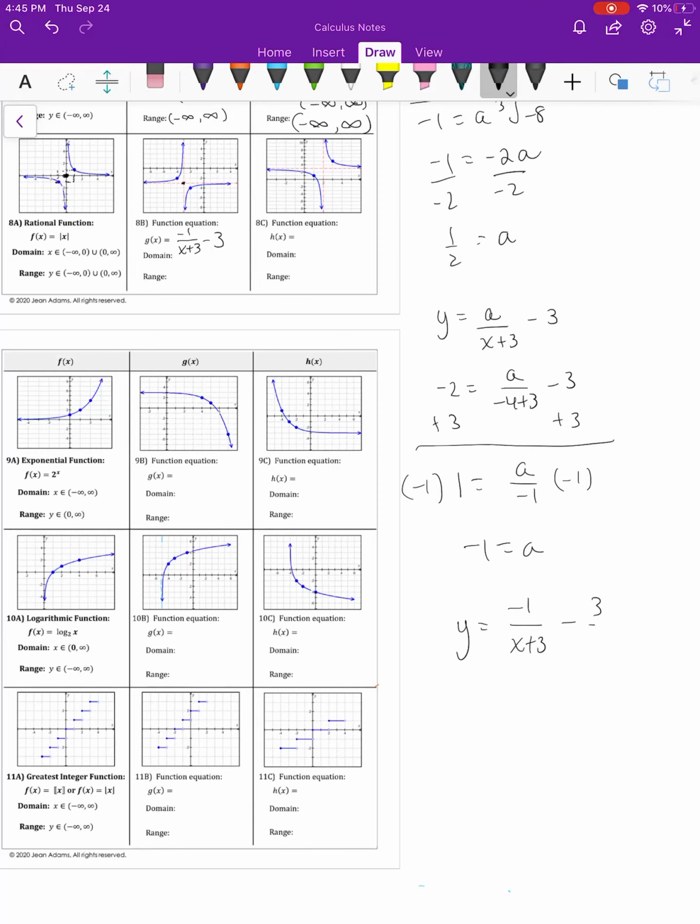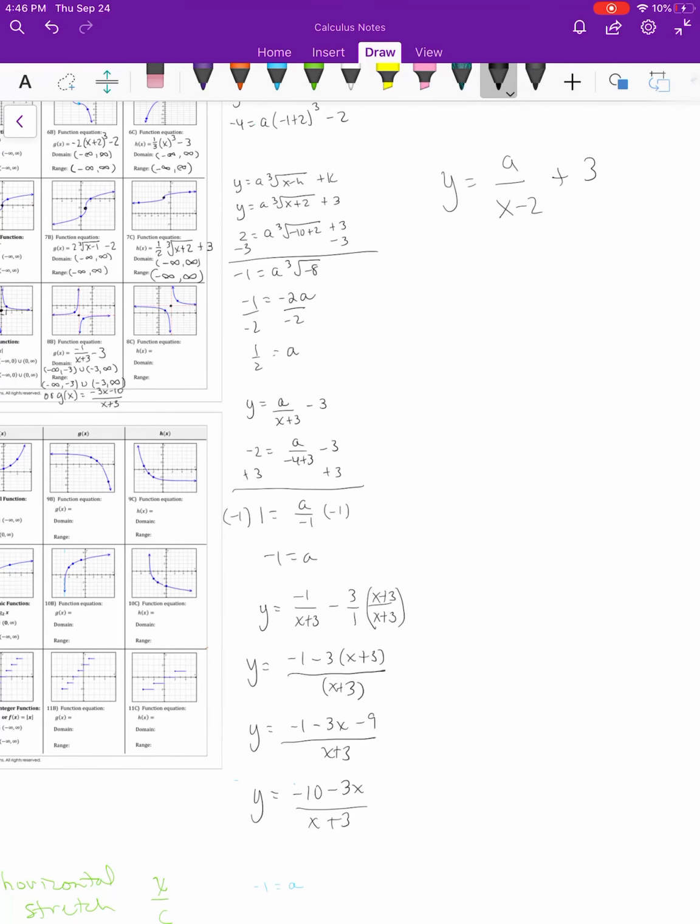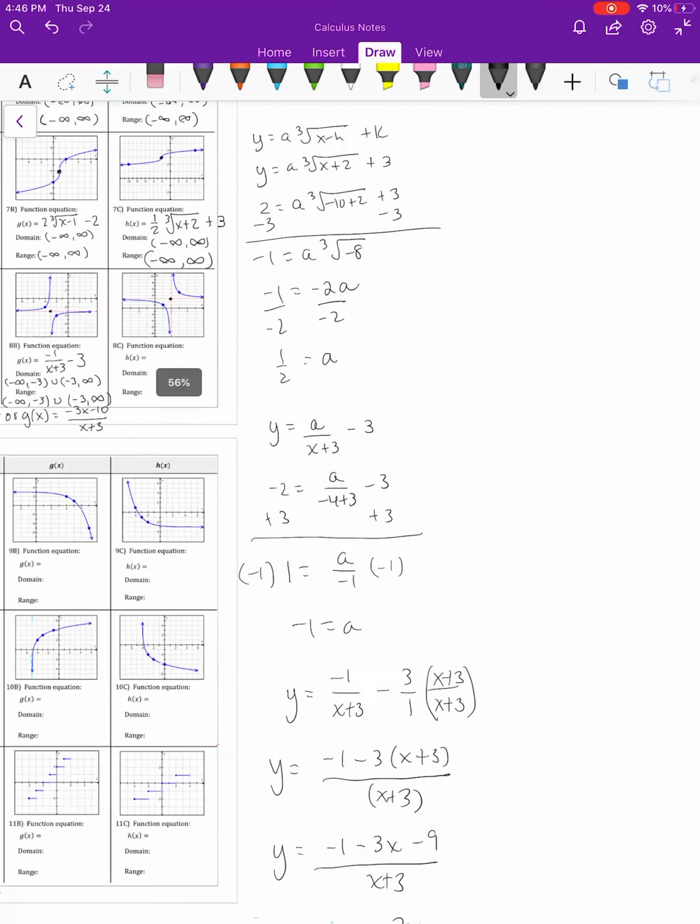And for 8c, we'll look and see that that midpoint from 0, 0 is right 2 and up 3. So we'll start out y equals a over x, and if I'm going right 2, it's x minus 2 and up 3, it's going to look like that.